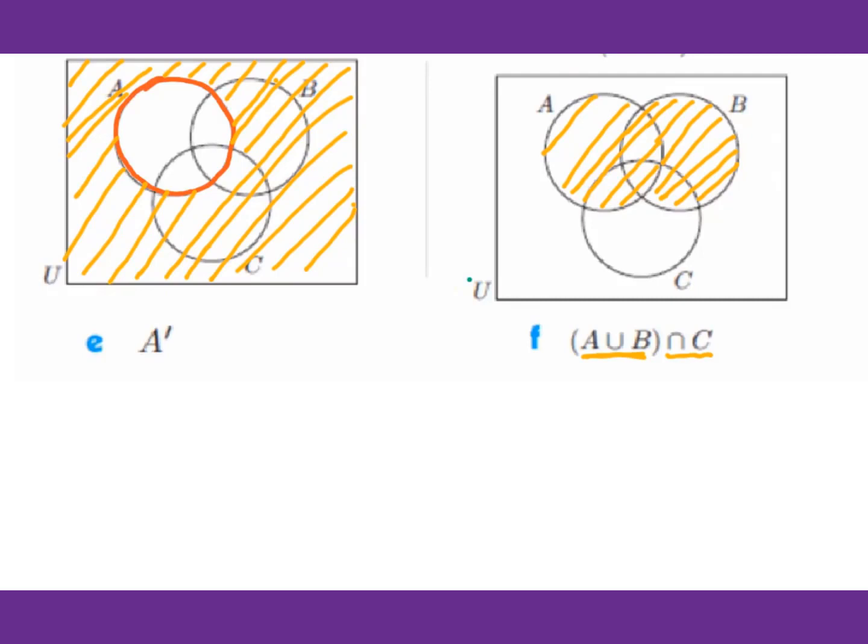I will draw the C this way. And these two lines overlapped will be the answer. In other words, I can do this. This will be the answer for A union B and then intersect C.